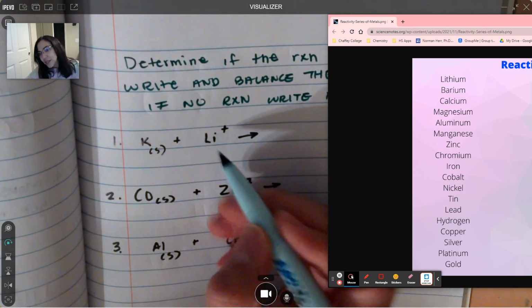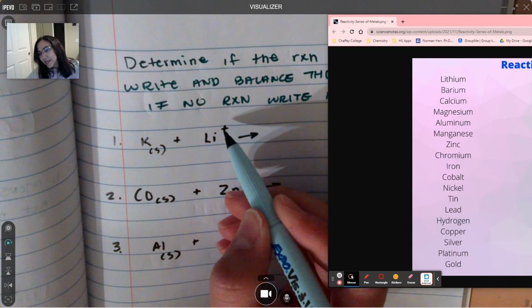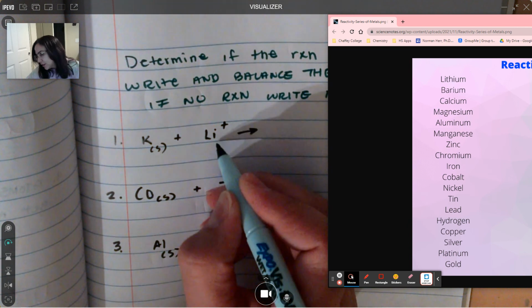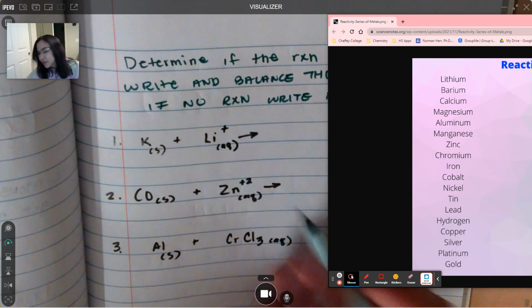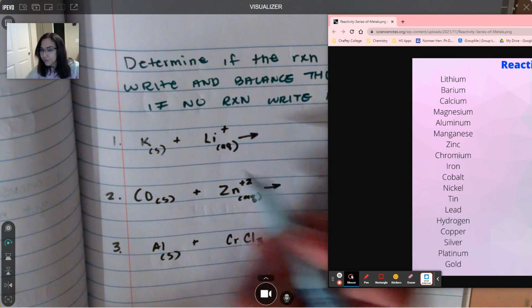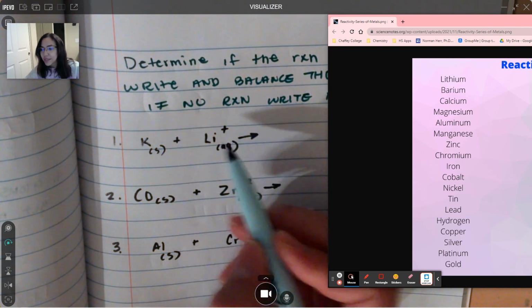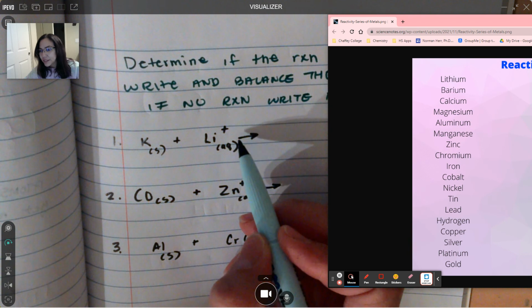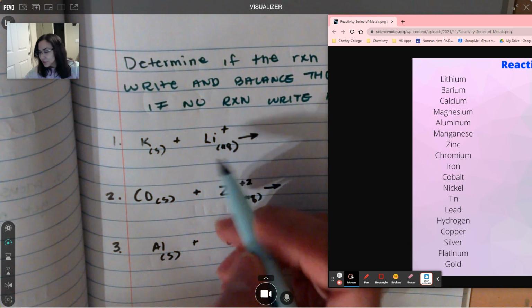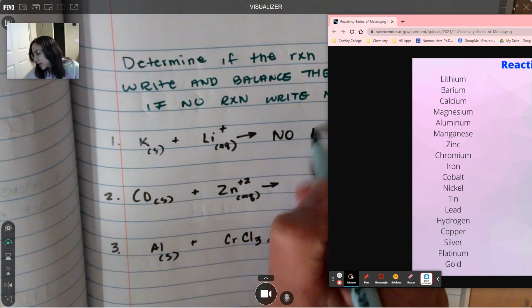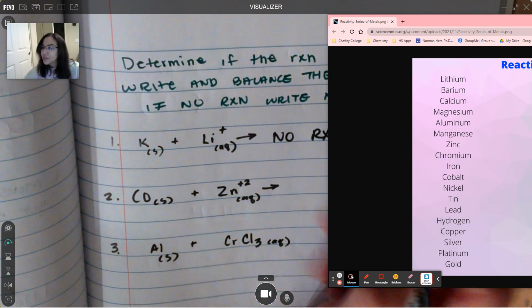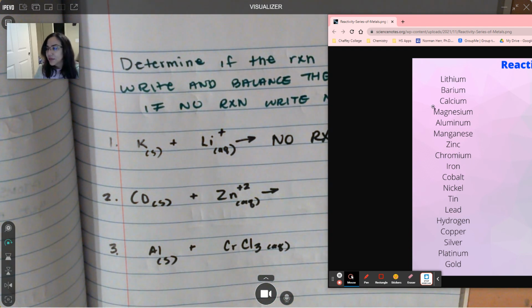The reason I know lithium is aqueous is because it has a charge associated with it. So it's going to have a charge, and this is going to be called an aqueous charge, right? So potassium cannot replace lithium inside of this solution. So there's going to be no reaction. All right. So potassium, like I said, it's going to be down here somewhere. All right. Above calcium, but below lithium.